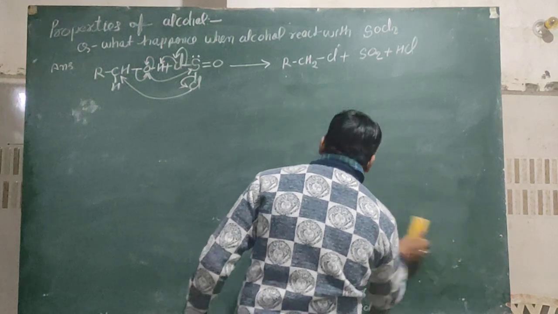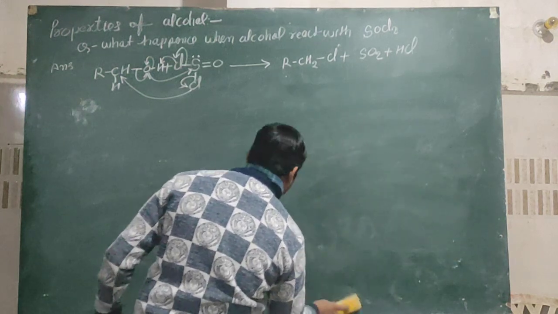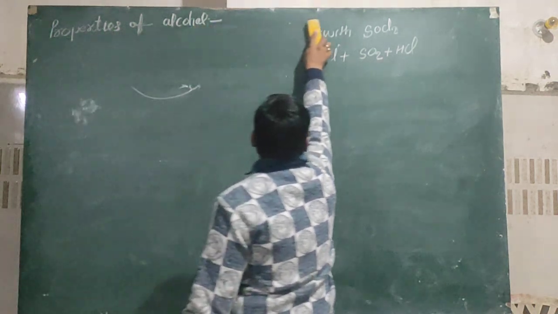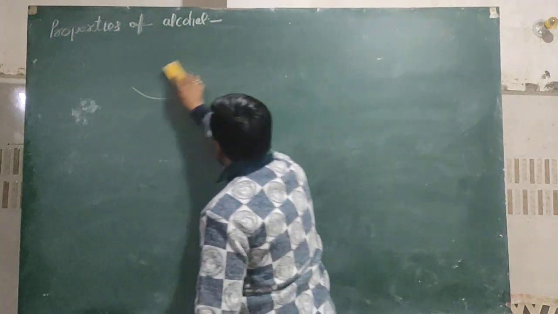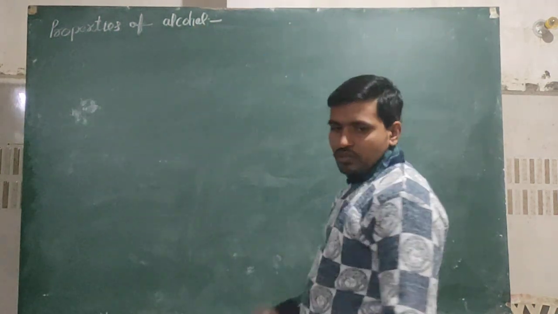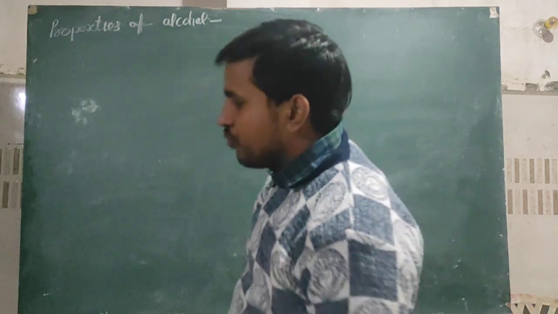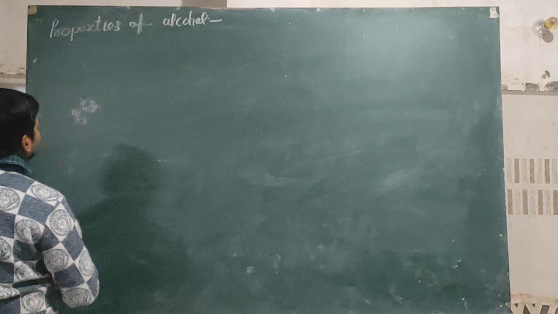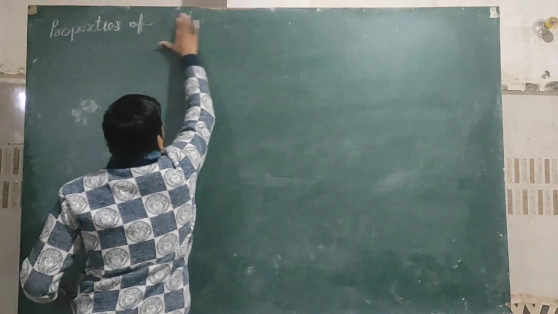After this special type of reaction which appears in the case of alcohol, we try to understand the chemical and physical properties of phenol. Okay, what are the properties of phenol?